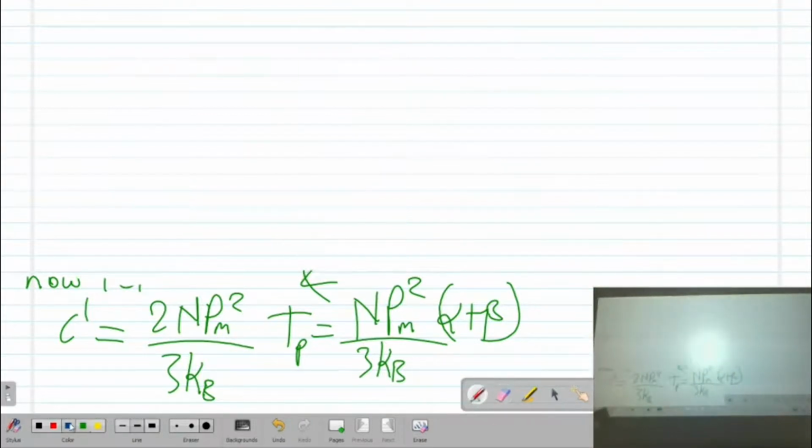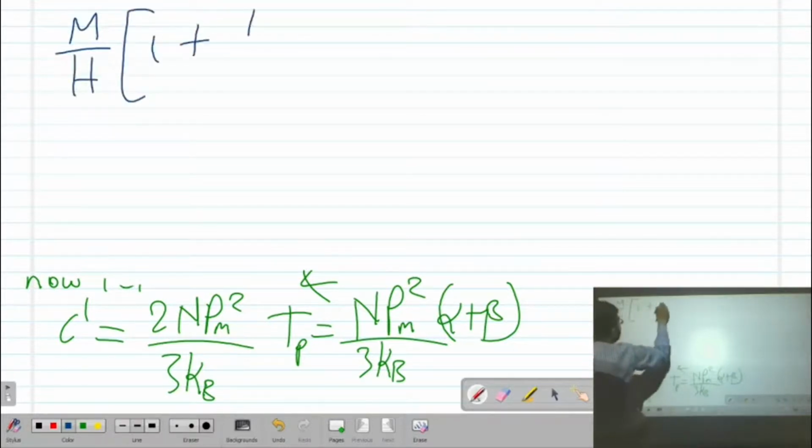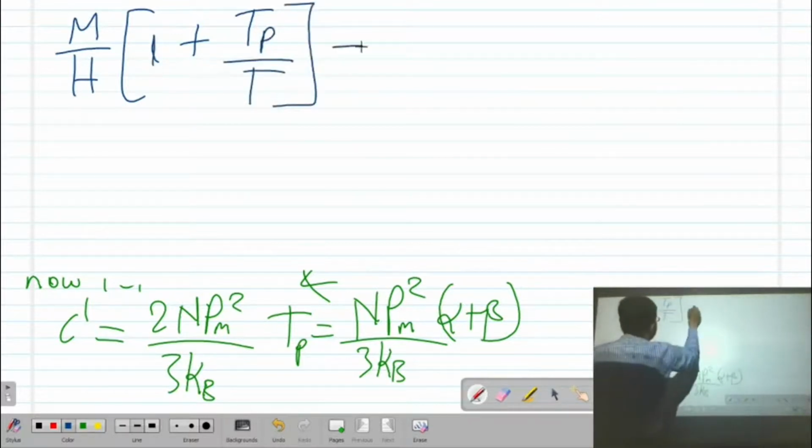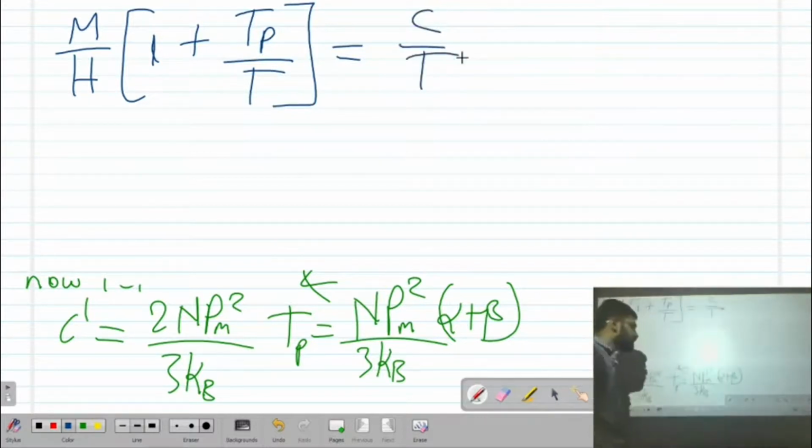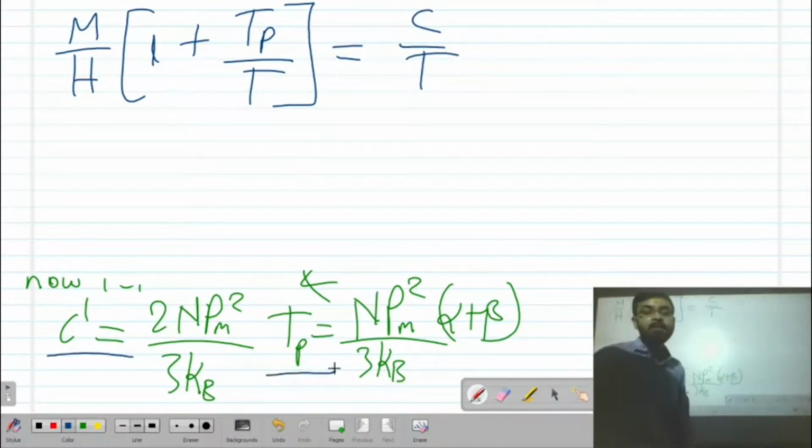Now moving ahead, I will have m by h into 1 plus T p by T is equal to c dash by T. This is what we will get after substituting c dash and T p in the previous equation.